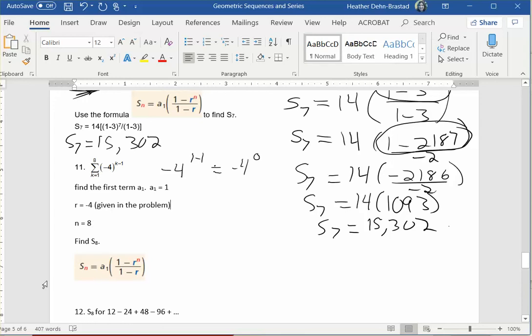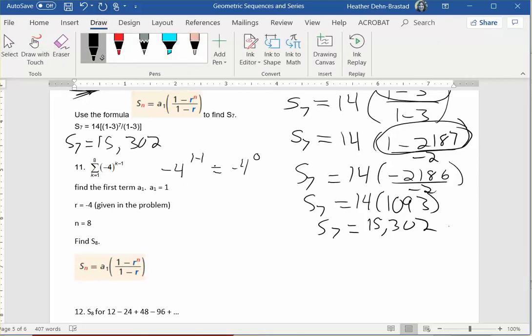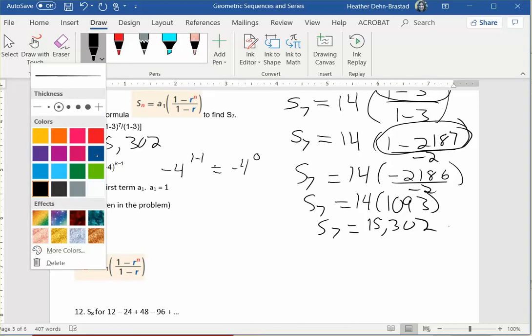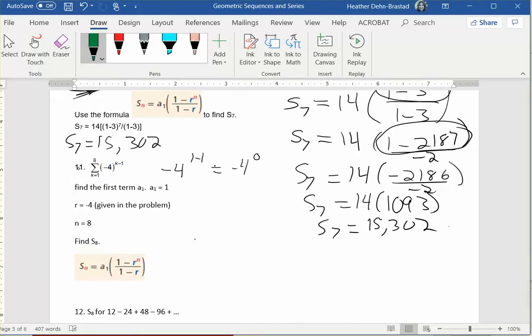So now we use this formula again with these values. So we're going to use a sub 1. We found that to be 1, times 1 minus r, where r is negative 4 to the 8 power, all over 1 minus negative 4.